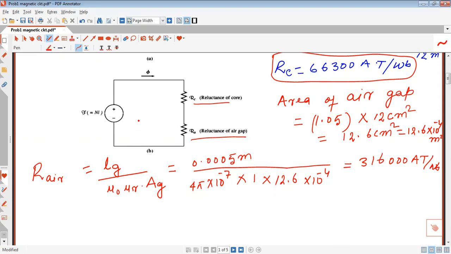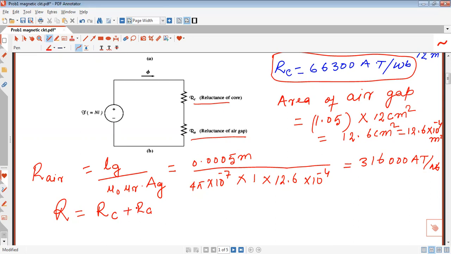Now the total reluctance will be equal to the reluctance of the core plus the reluctance of the air gap. So now we will put these values and get the answer.